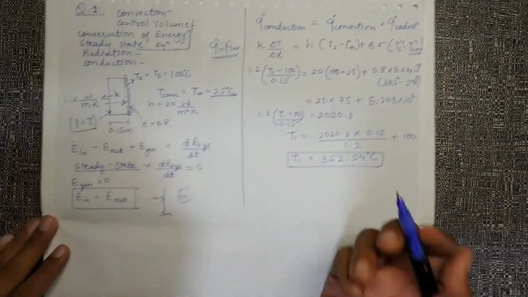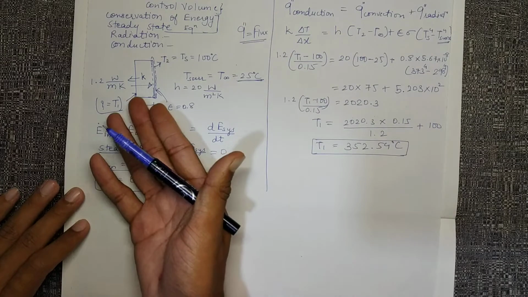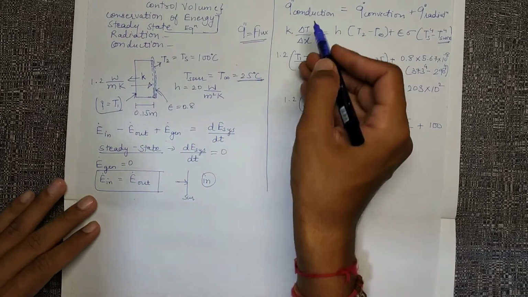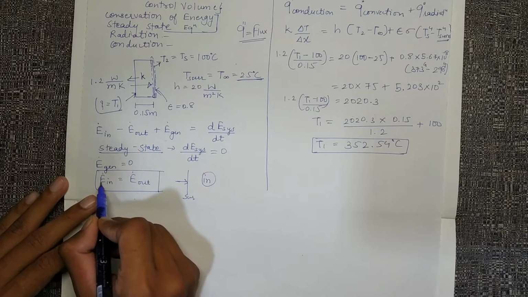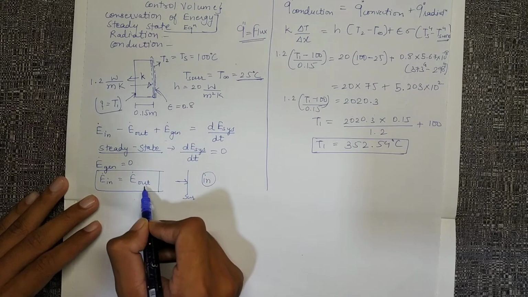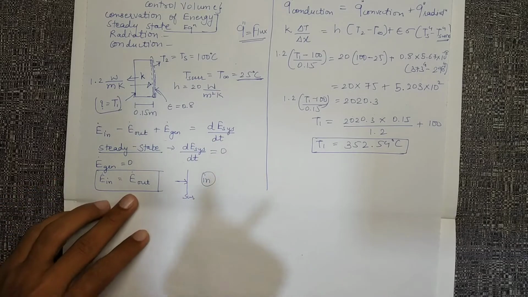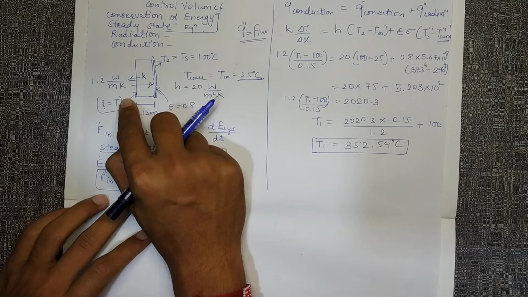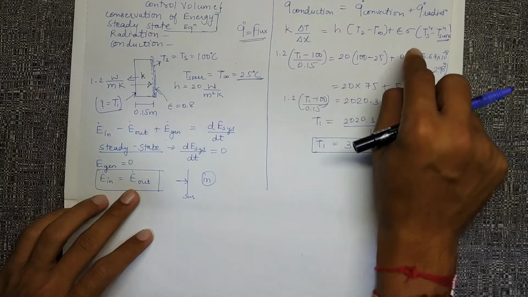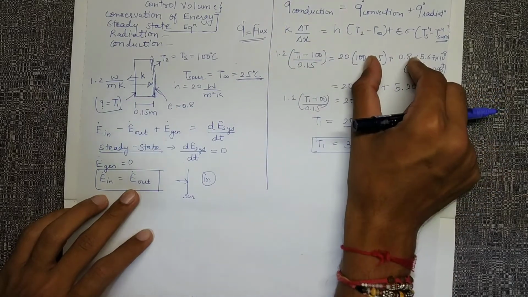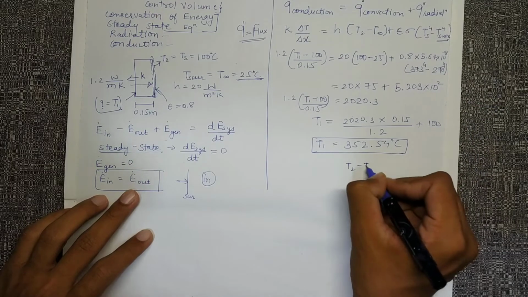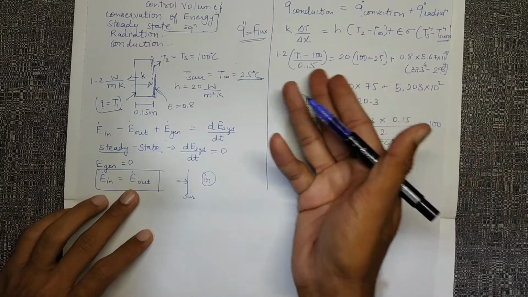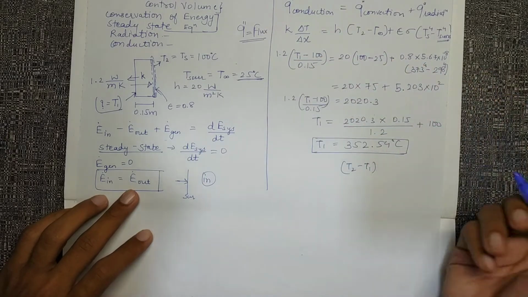But over here we assumed that through conduction we are gaining heat. That's why I took the conduction in the E in part. We could have taken it in the E out part, but in that case we must assume that the T2 temperature is higher, and if this formula goes over here, I should have written T2 minus T1, and inherently if I take this term on the right side, obviously 100 minus T1 would have occurred.